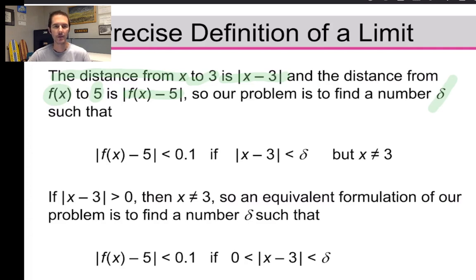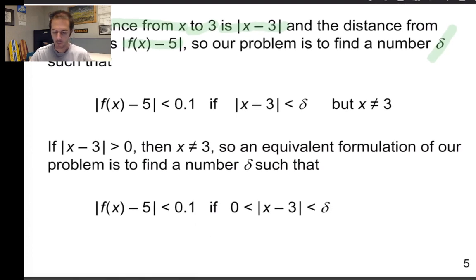That's a lowercase Greek letter delta, which usually represents change or difference. We need to find a lowercase delta such that the distance between our x value and the x value of positive 3, the difference between those, is less than delta, so that the resulting y values have a distance that's less than 0.1 away from our ideal y value, our limit value of 5.